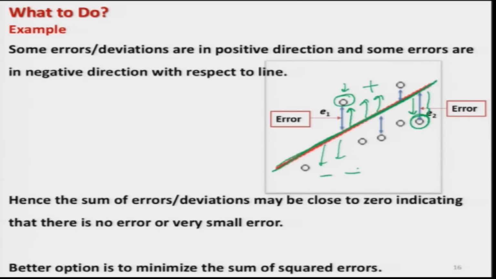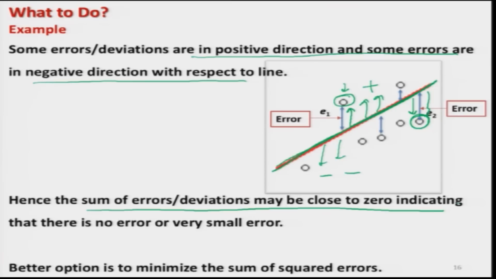When I add all these errors, some are in the positive direction and some in the negative direction with respect to the line, and hence their sum may become very close to 0 or exactly 0. This might indicate as if there is no error in the data, or that the amount of error is very small, which is not correct.